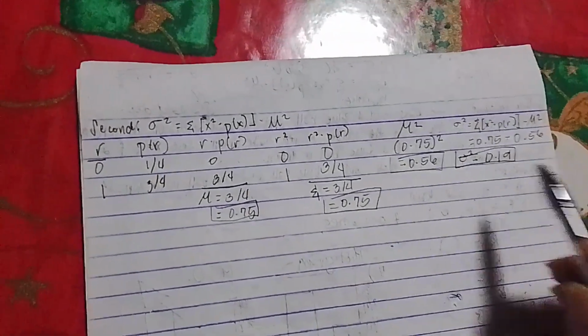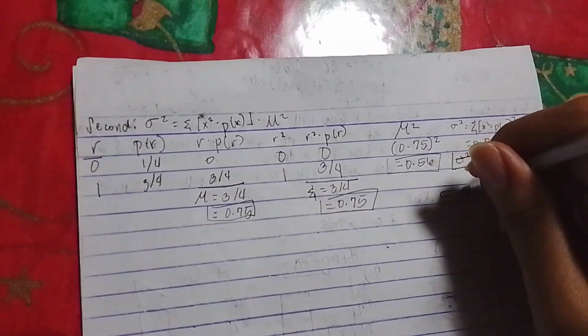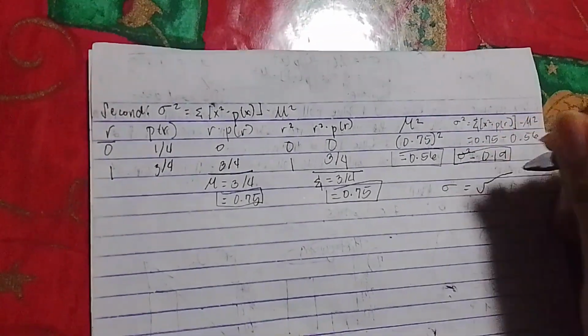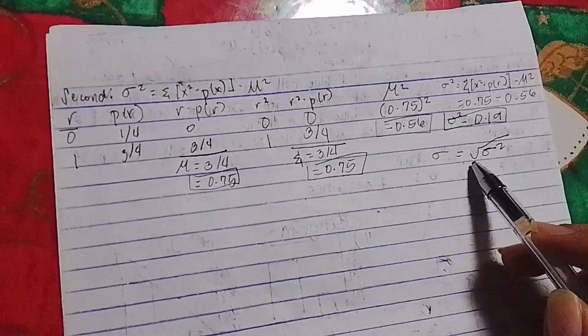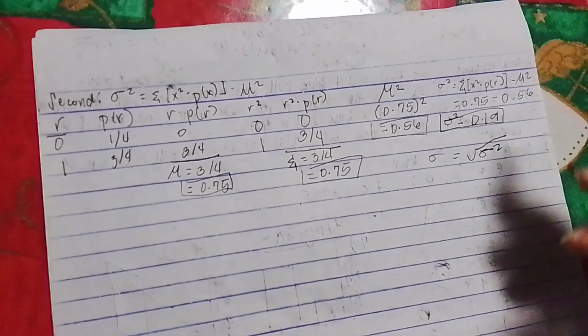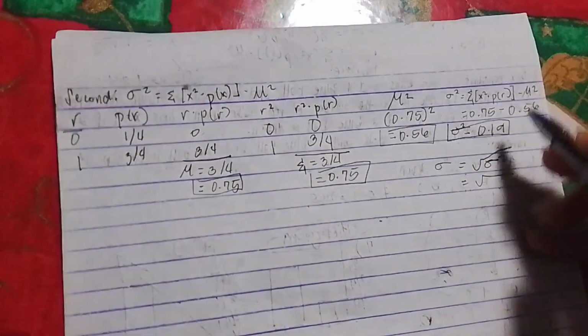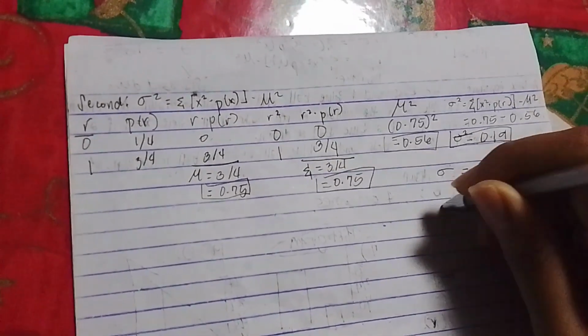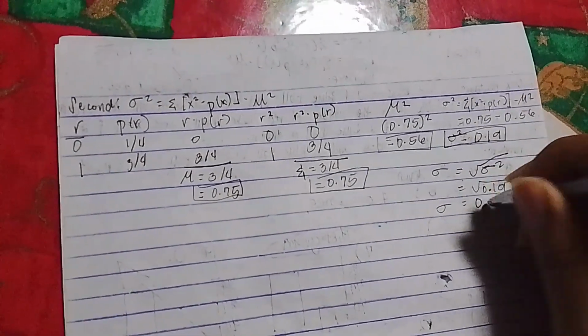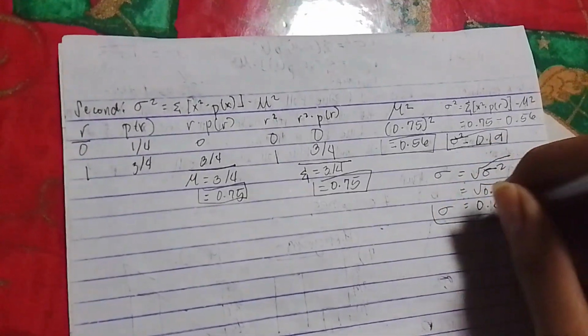In order to look for our standard deviation, we will do the same: the square root of variance. Our variance is 0.19. Then the answer is 0.44.